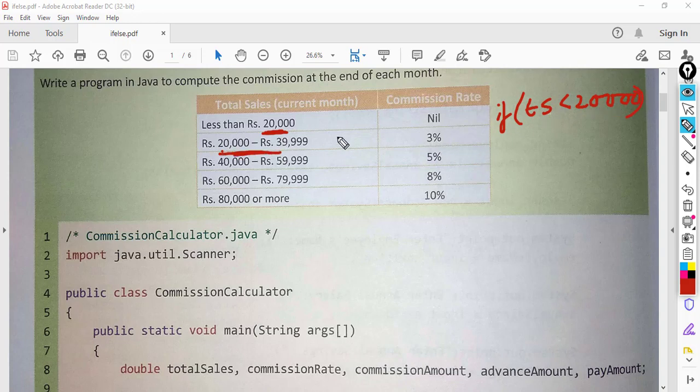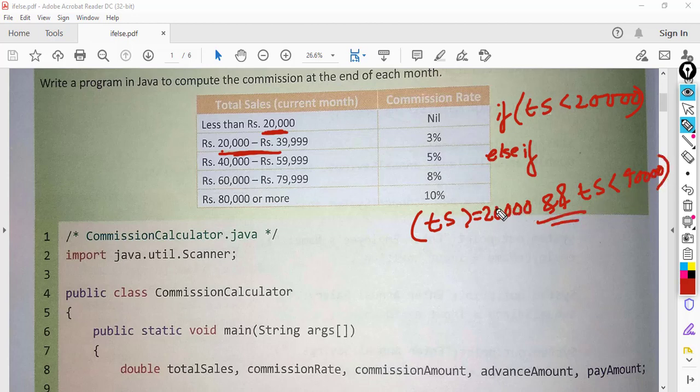Then in this one, it is greater or equal to 20,000 and less than 40,000, so you can write else if TS is greater or equal to 20,000 and TS is less than 40,000.